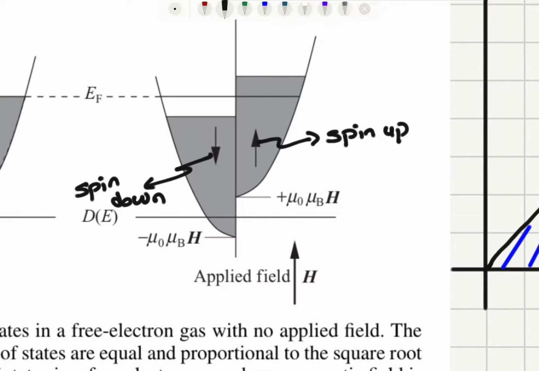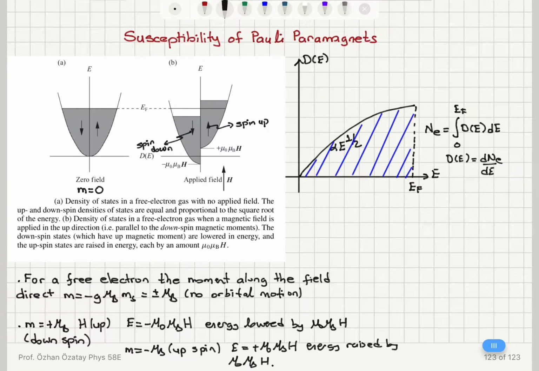That means moment up and moment down. So we have a lowering of the energy of down spins by mu 0 mu B H, and the raising of the energy of up spins by mu 0 mu B H. So our task is to calculate the amount of imbalance between the number of up spins and down spins that we have created by applying this magnetic field.